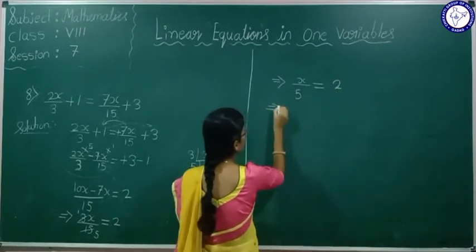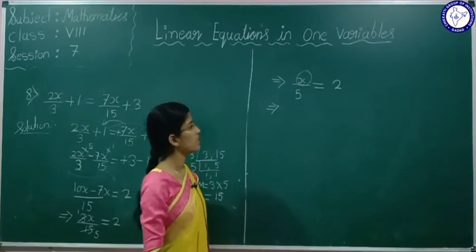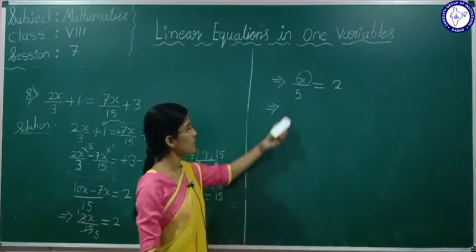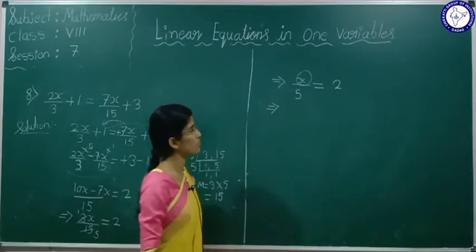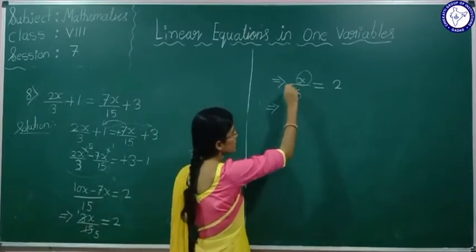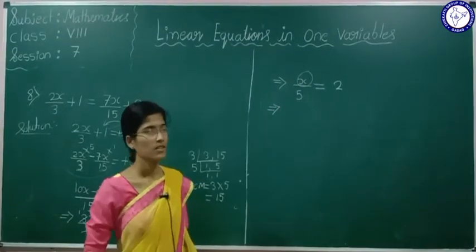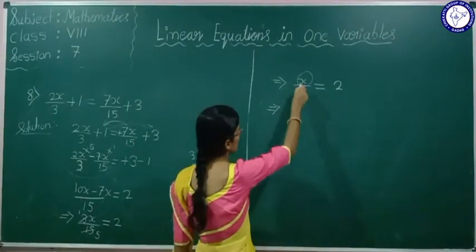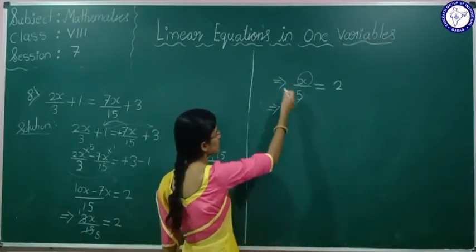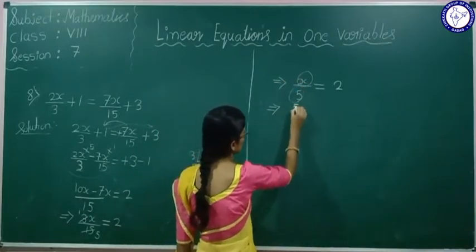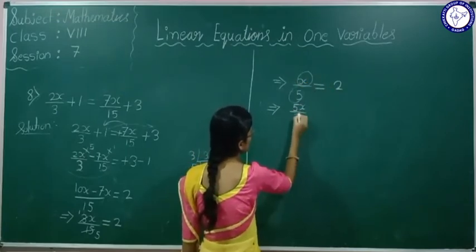Now see, we want the value of x here. But here 5 is there, right? To reduce this 5, we want to eliminate this 5. Now see students, we want to eliminate 5 here. Okay? What will we do? To eliminate this 5, we will multiply both sides by 5, right?